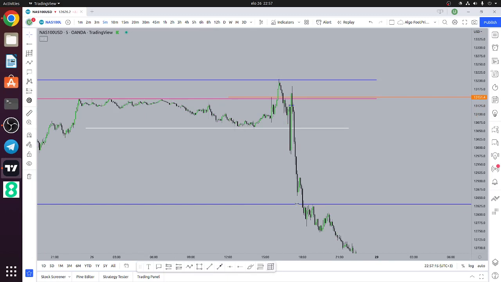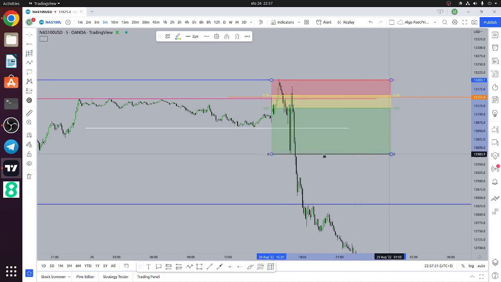So if I take my fib from this high to this low, the yellow zone is for making positions, and in the red zone, it's where I have to put my stop loss above it.